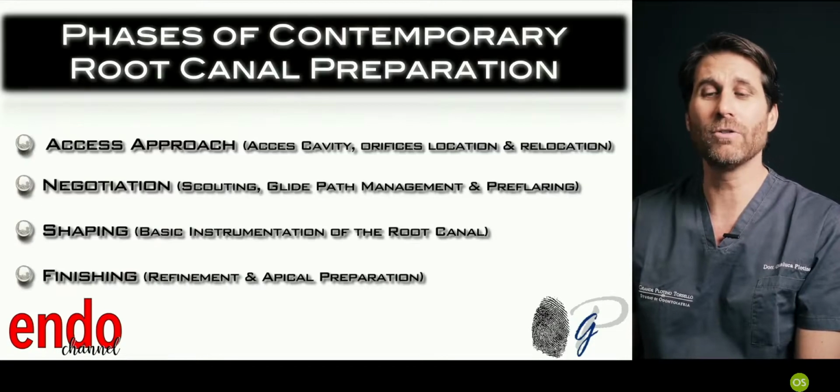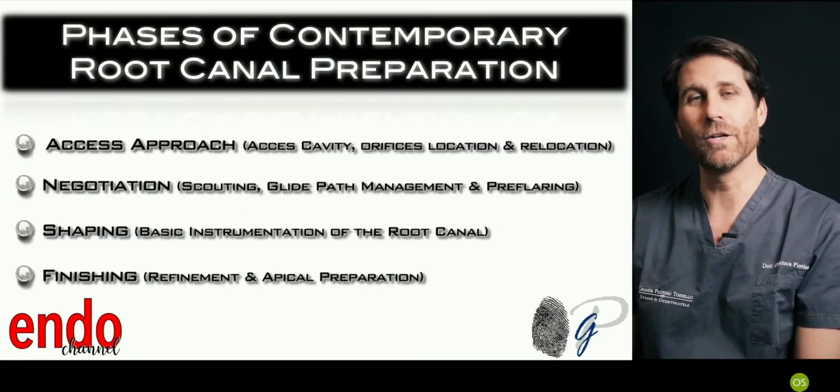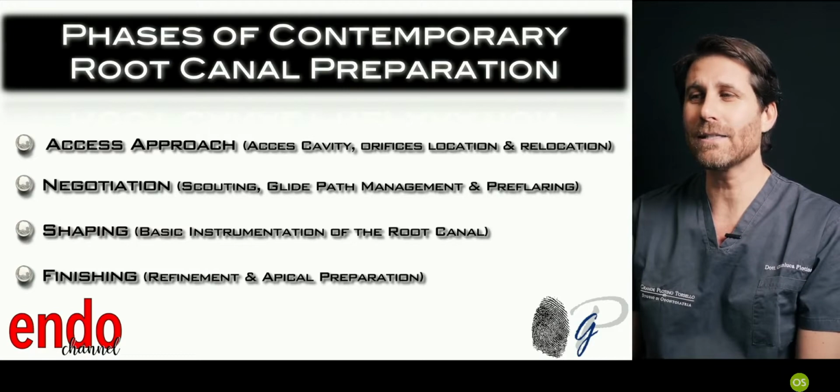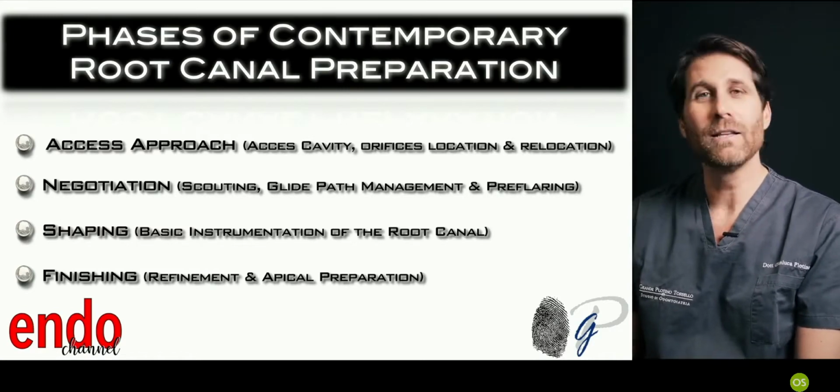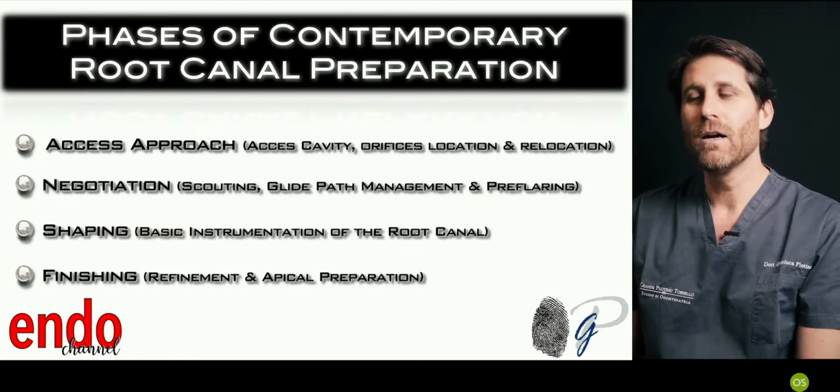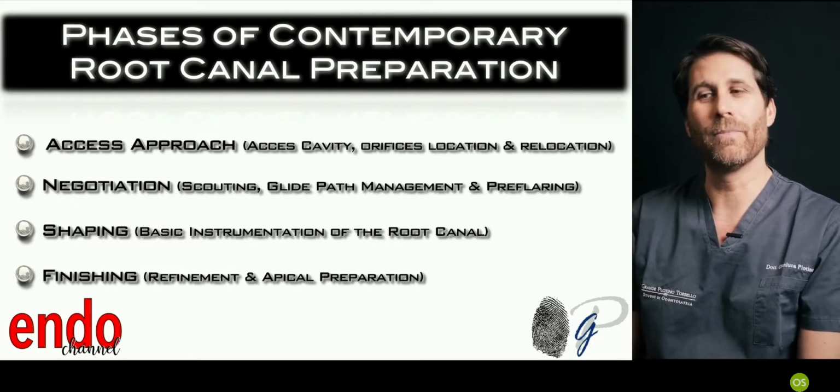When we speak about the first phase, root canal preparation, of course we have the access approach that includes access cavity, orifice location and relocation. Then we need to negotiate the root canal, preparing scouting, glide path and preflaring.